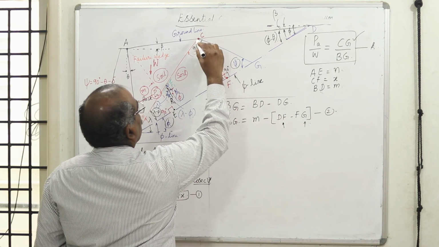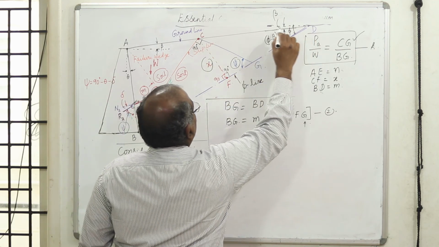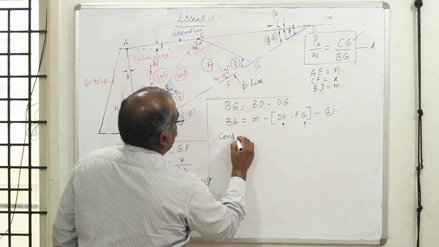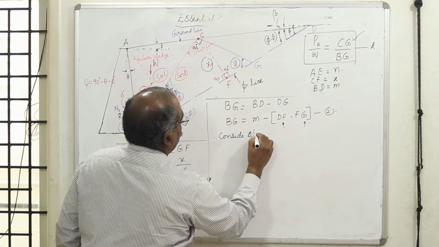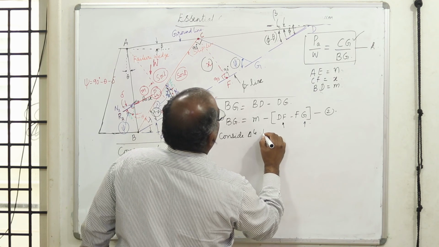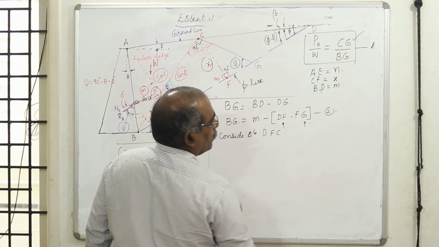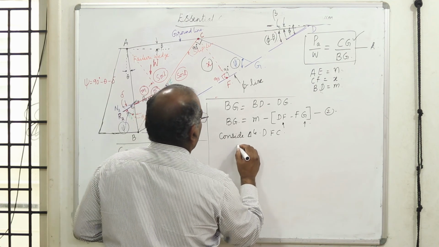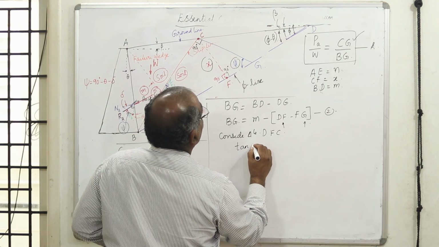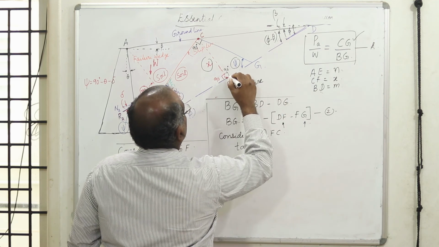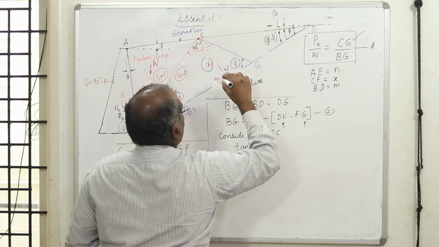Now let us consider this triangle to find out DF. Consider triangle DFC. When I consider triangle DFC, I'll take the tan of phi minus beta. This is 90 degrees. This is the triangle.